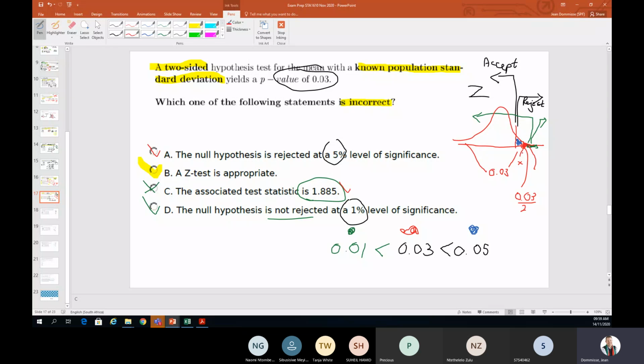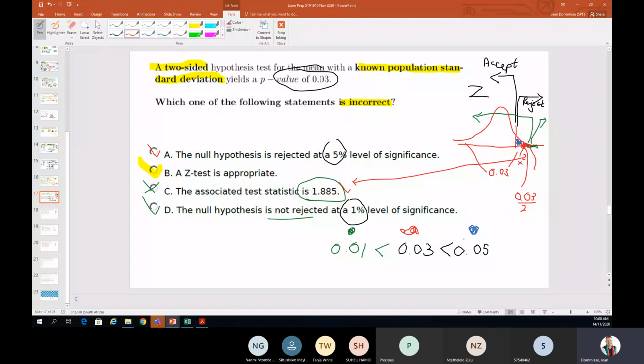So the Z that we are going to get should be 0,03 divided by 2. So 0,015. So 1 minus, instead of 1 minus 0,03, 1 minus 0,015.